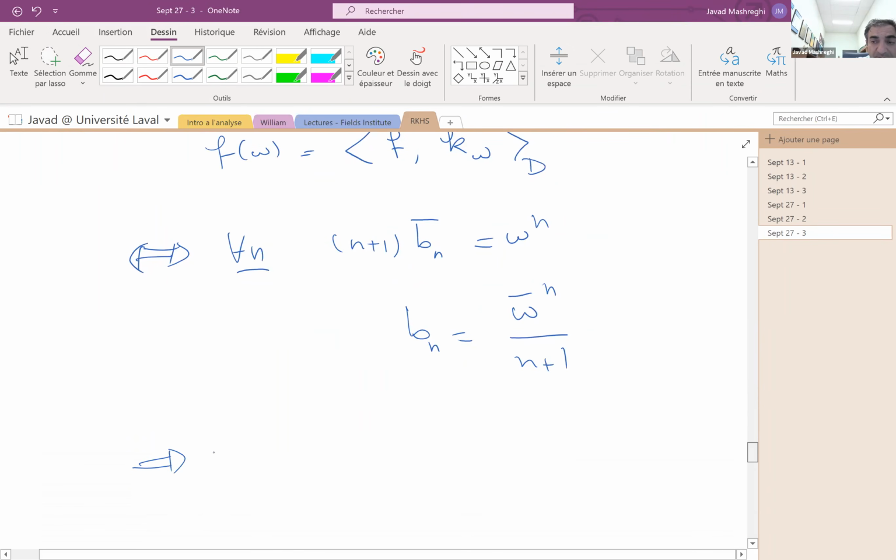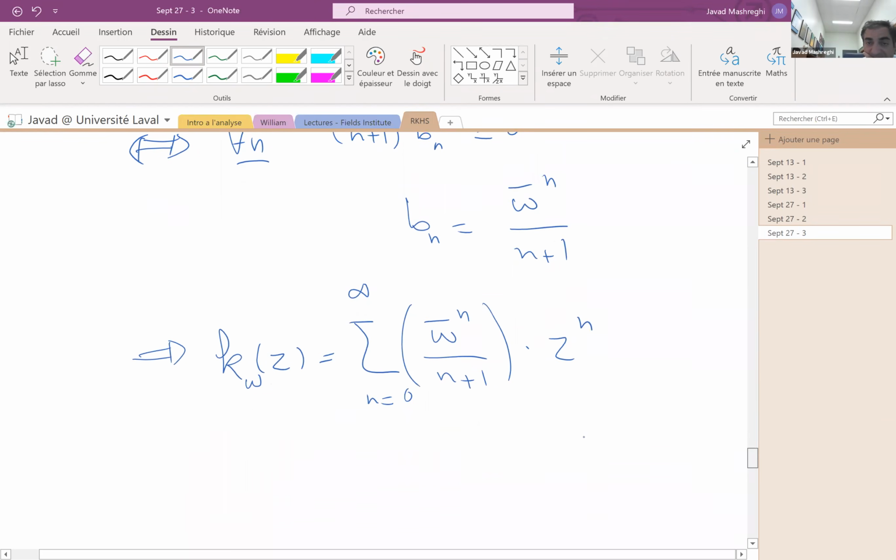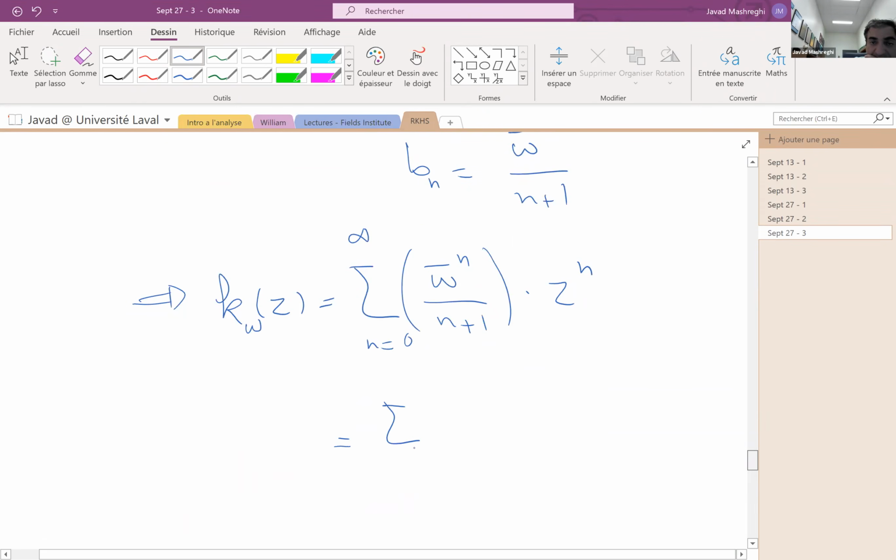Therefore, our kernel is the sum n from 0 to infinity of the coefficient w bar^n over (n plus 1) times z^n. And this is the sum from 0 to infinity of (w bar z)^n divided by n plus 1.